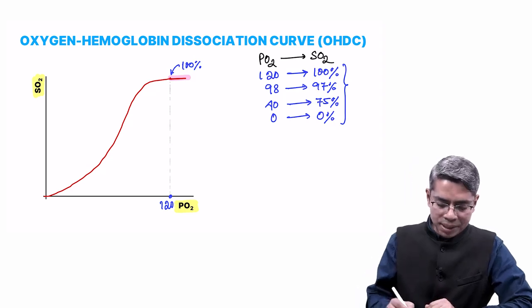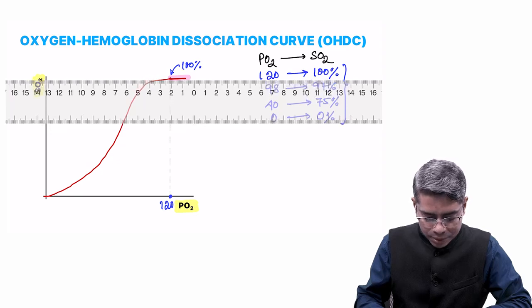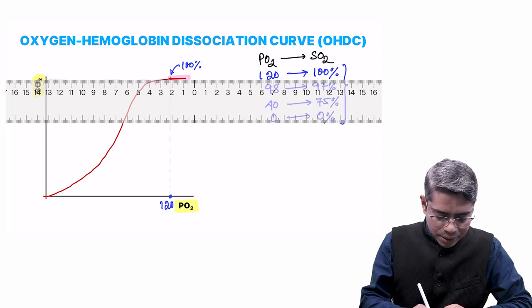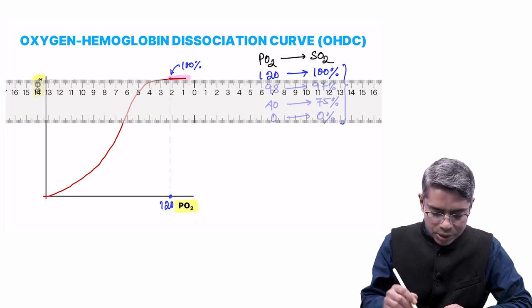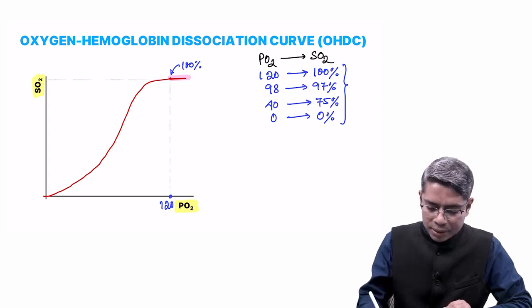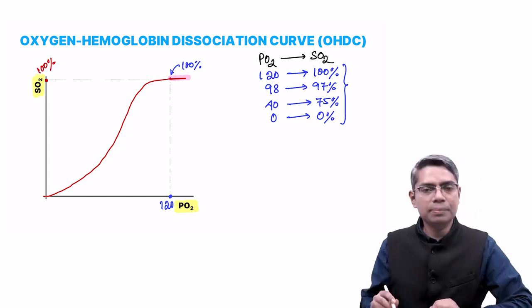Okay, so this is 100% saturation. So I will plot here. So this is my scale. So with this scale, if I plot the saturation here, how much saturation will this be? This will be 100% saturation. So I'll take this pen. This is 100% saturation.